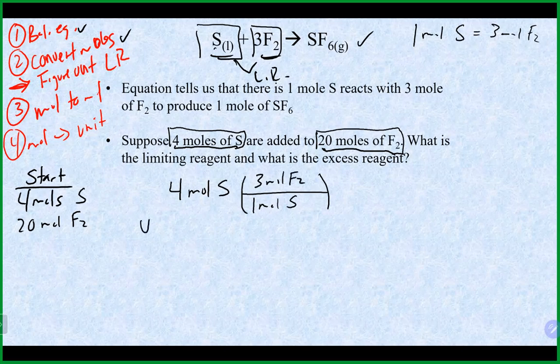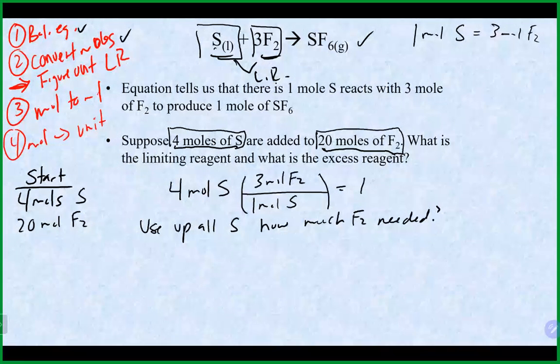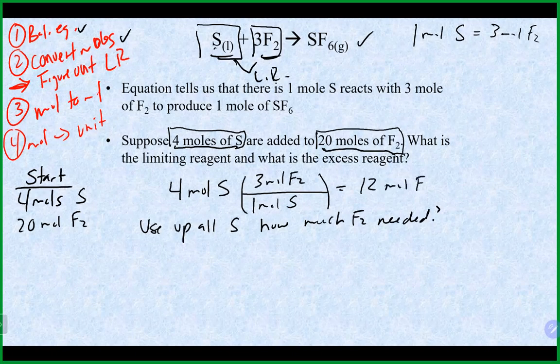So if I want to use up all the sulfur, how much F2 is needed? So that's basically what this calculation is doing. So if I do that, I'm going to take 4 times 3 is 12. And what this calculation just told me is I would need 12 moles of F2.